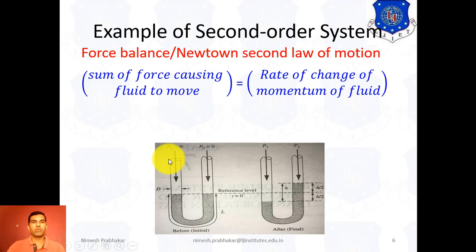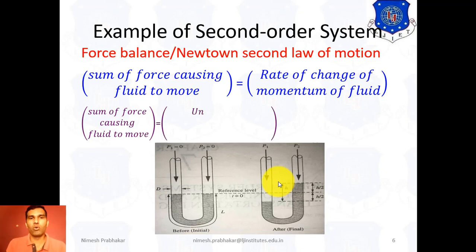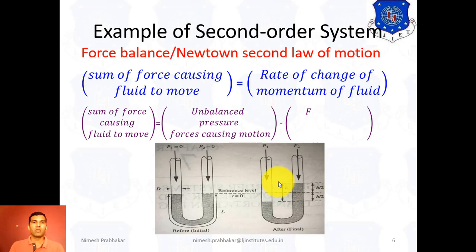That means due to that force, the change in momentum makes this fluid move from this side to this side. We can write the sum of forces causing fluid to move is equal to the unbalanced pressure force causing motion minus the frictional force opposing motion.